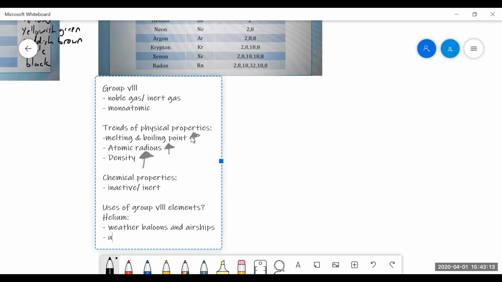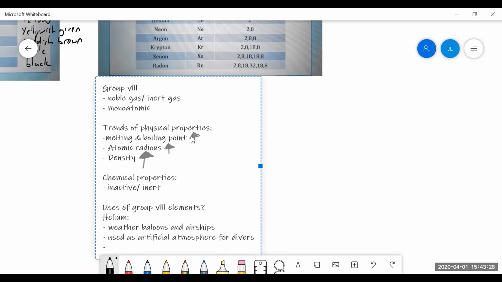It's also used as artificial atmosphere, and in thermometers to measure low temperature.